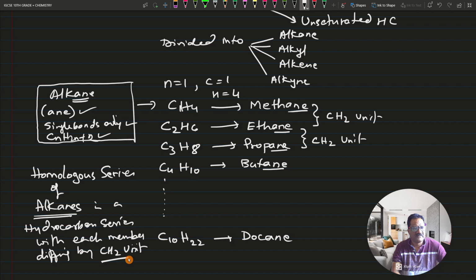So you'll find a CH2 difference between CH4 and C2H6. You'll find a CH2 difference between C2H6 and C3H8. Okay, so this is why it is known as a homologous series of alkanes.